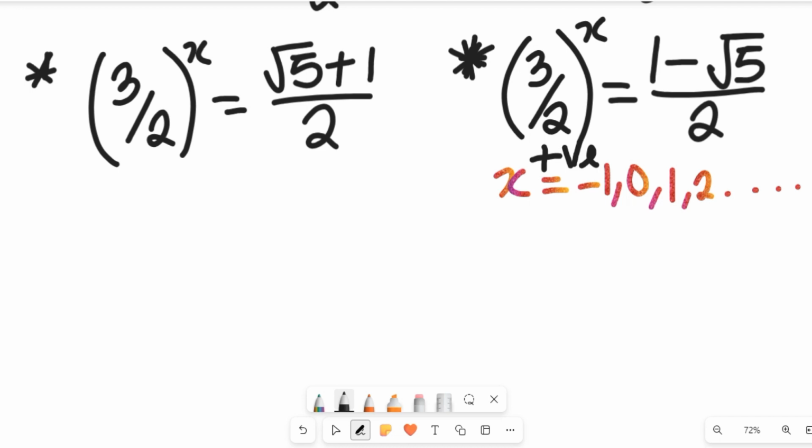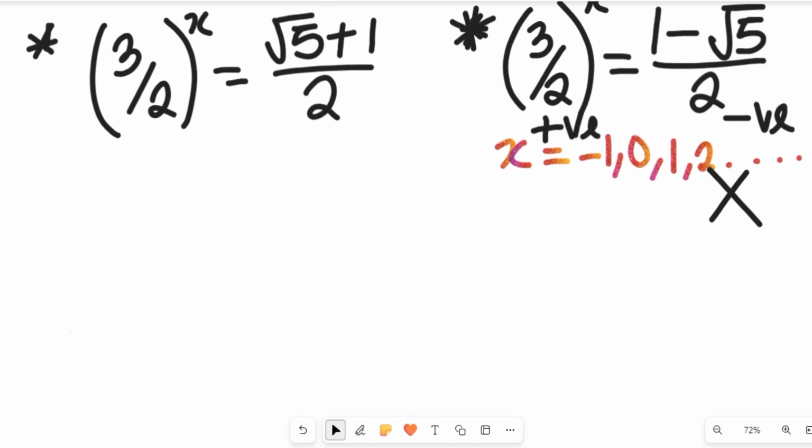Because square root of 5 is greater than 1, which is 2.2. 1 minus 2.2 is going to give us a negative what? A negative result. And now you can see that negative can never be equal to positive. As a result of that, we are going to neglect this result because it's going to end up giving us an imaginary solution. Now we're going to concentrate on this other solution.